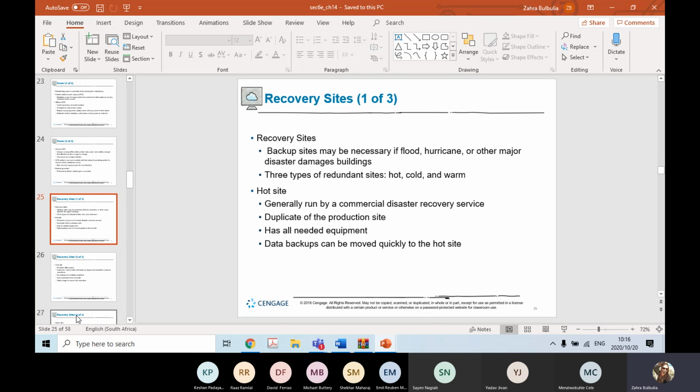So there's three types of sites. There's a hot site. Generally, you'd use a hot site if, for example, your operation goes down, and you would have another setup with all your equipment, all your backups, everything is ready. You can just walk in and basically start business again. So that's a hot site, right?